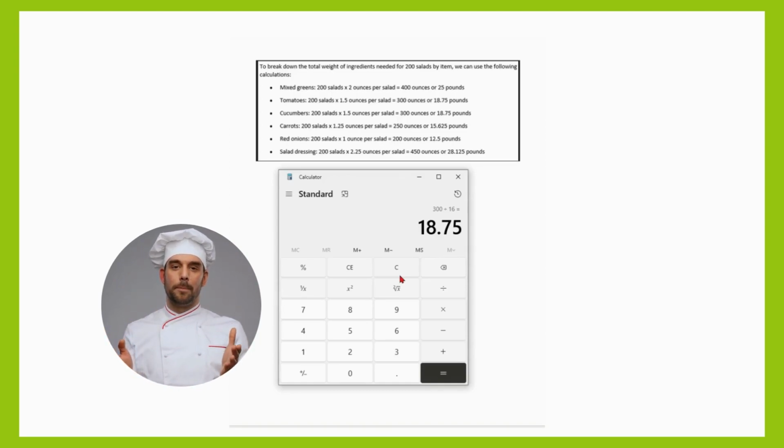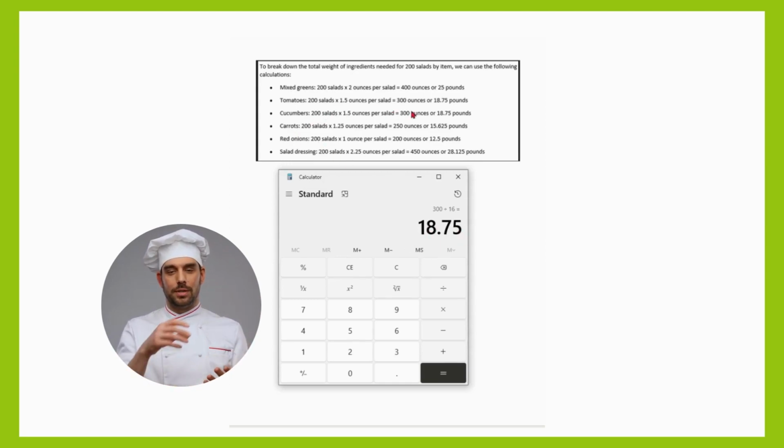So just factor that in. To be safe, I would probably order 2 cases and I would get what I need. Obviously I only need around 20 pounds of tomatoes to make all these salads for 200. The rest of the tomatoes I can use in the restaurant for other things, but just so we have enough, I'll get 2 cases. Obviously I'm not going to need 2 cases, but I know 2 cases is more than enough.